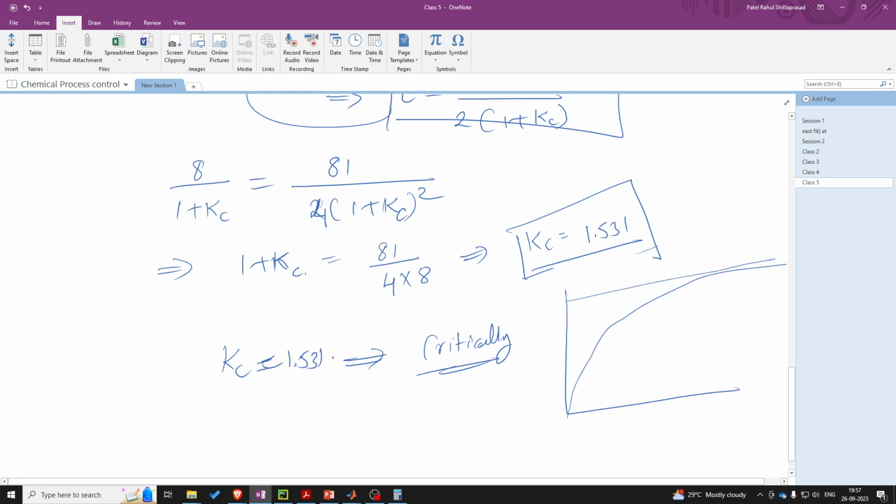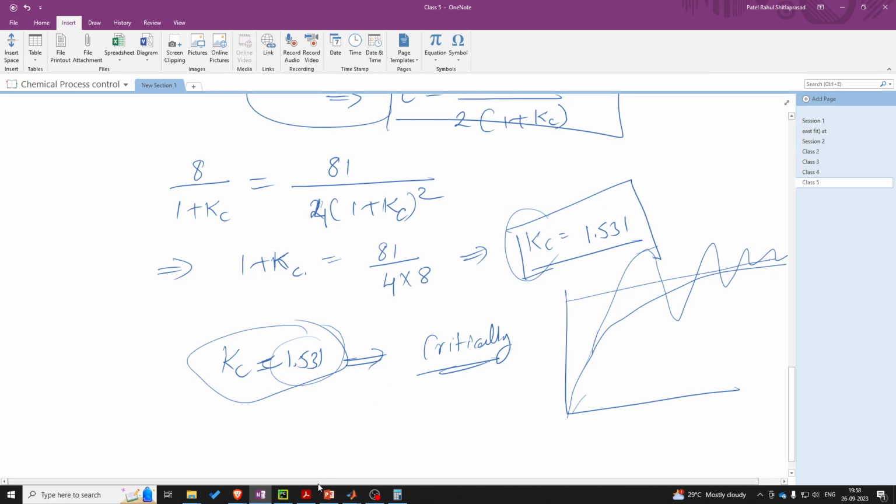However, if the value of the controller gain either decreases or increases, then the system will become underdamped or overdamped. If it is underdamped, we can see oscillations, or if it is overdamped, the response will become more sluggish. So that is the importance of finding the value of controller parameter Kc. It can change the nature of the response. That was the purpose of solving this question.